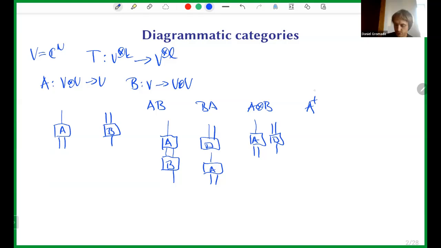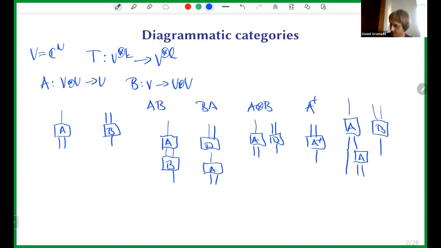I will denote the conjugate transpose by dagger, and this goes the other way around, so from V to V tensor V. You can also do more complicated things: you can take this A, which has two inputs and one output, and for one of those inputs use an output from another A. You can put the B here, for instance, and use those two outputs for B dagger, and so on.